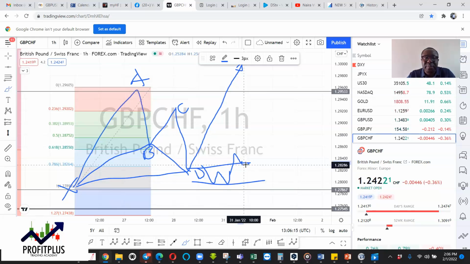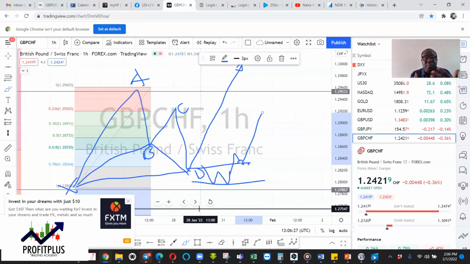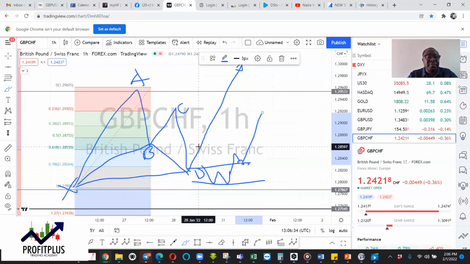You can enter a trade from this area, and you see it moves right the way upwards. At this point, you can enter multiple positions, maybe about 3 or 4 different positions, and have different profit-taking levels. You can also use the Fibonacci retracement levels to take profit.